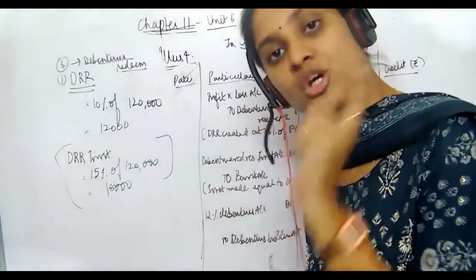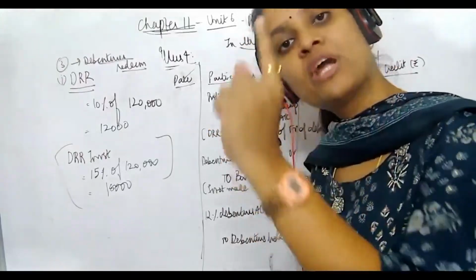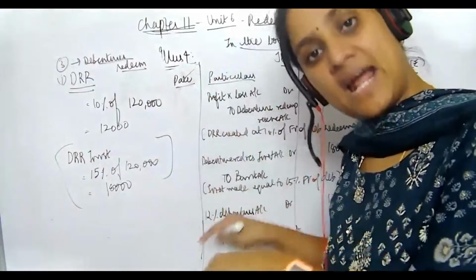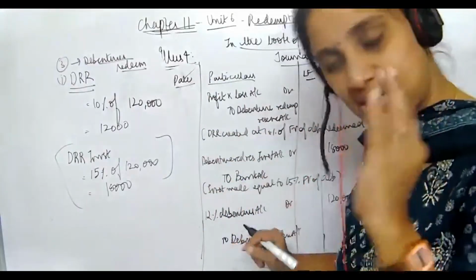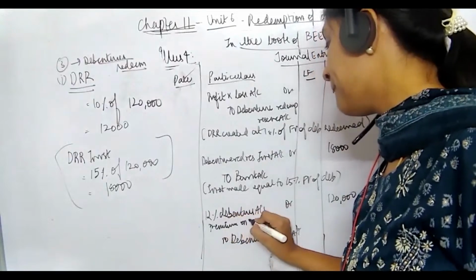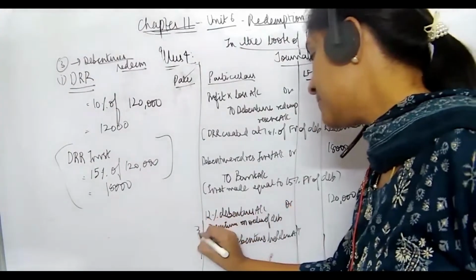Whenever a redemption or a repayment is done, you can do it at par value or at a premium. In this question, it is done at a premium of 3%. So it is a loss, and loss should be debited: premium on the redemption of debentures, 3%.